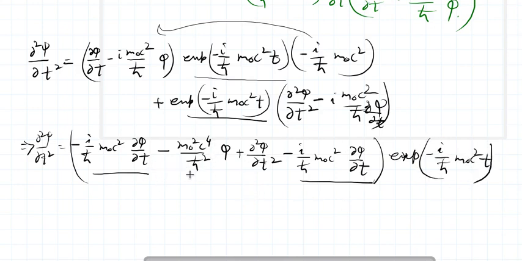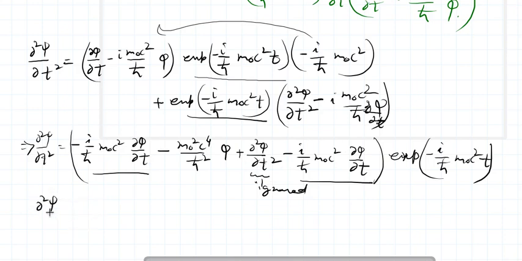Now this term can be ignored, as we ignored it in the earlier equation for deriving ∂ψ/∂t. In a similar fashion I can ignore this also, keeping in view that m₀c² is very much larger than ∂ψ/∂t.